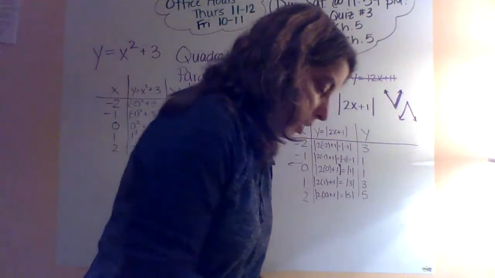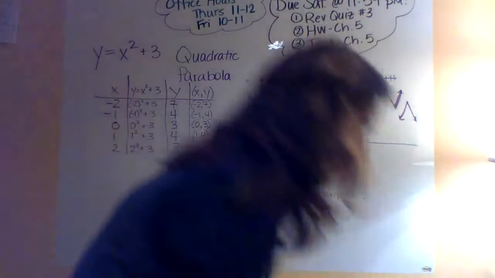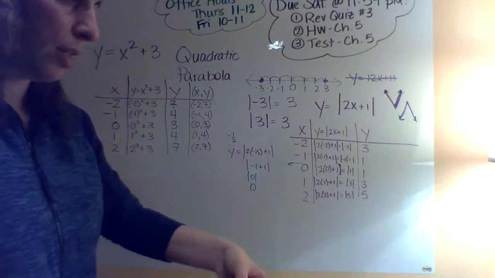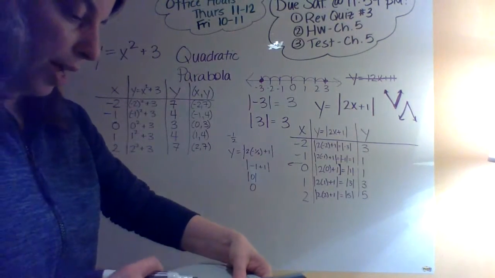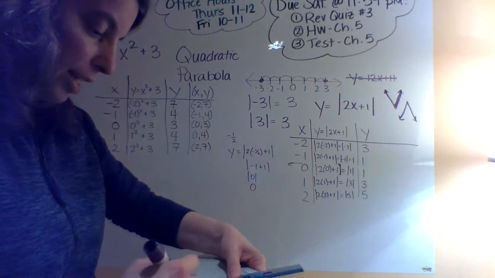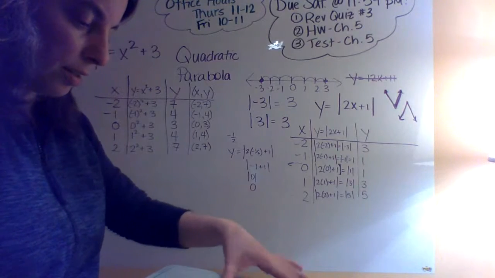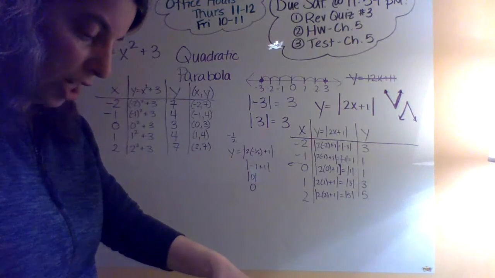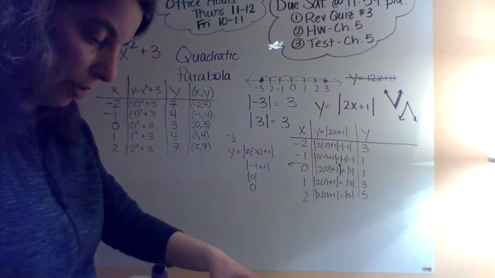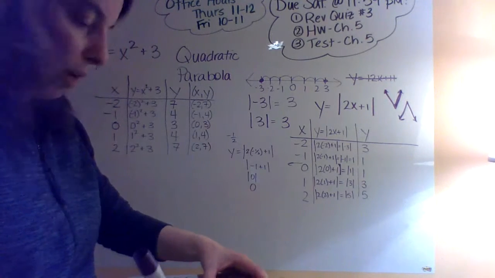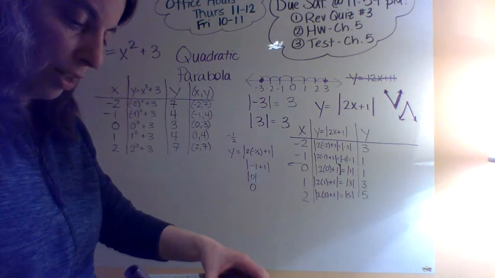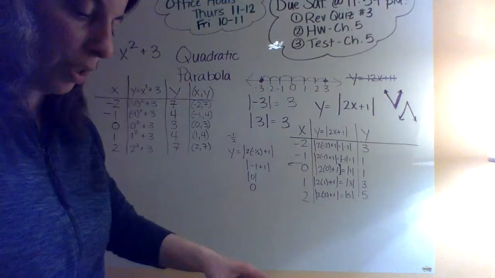So we can take our ruler and make straight lines with that and make our V shape, and then we will label it y equals the absolute value of 2x plus 1.